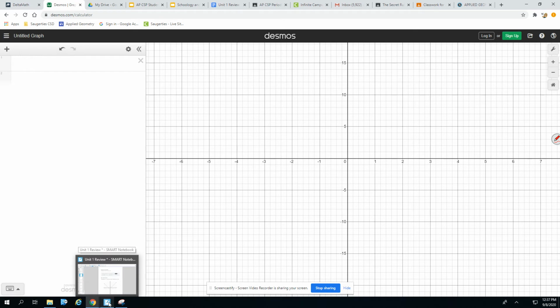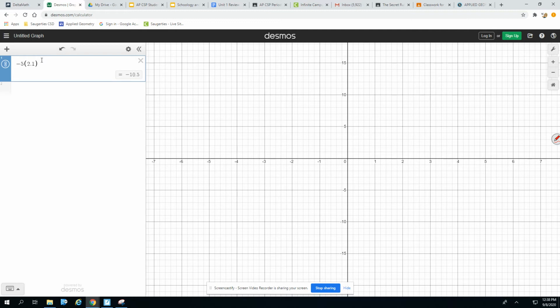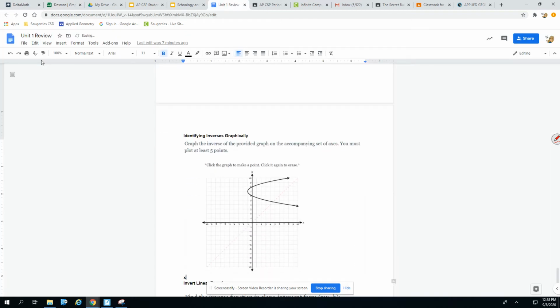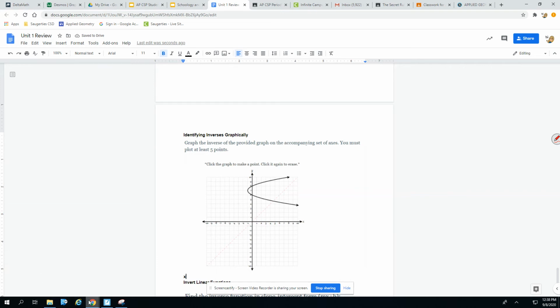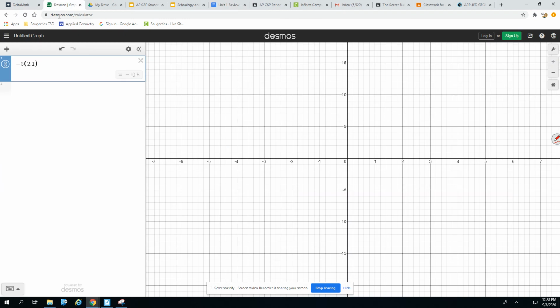And we'll look at what each of those functions is. So the first one I want to see is negative 5 times 2.1 to the x. Come on, Desmos. Sorry about that, guys.